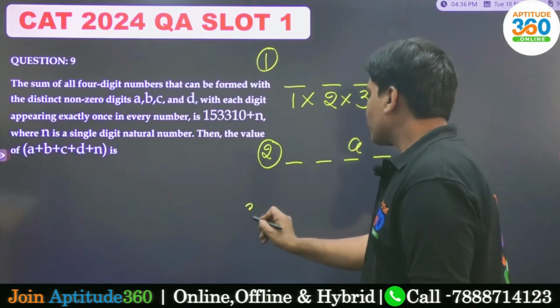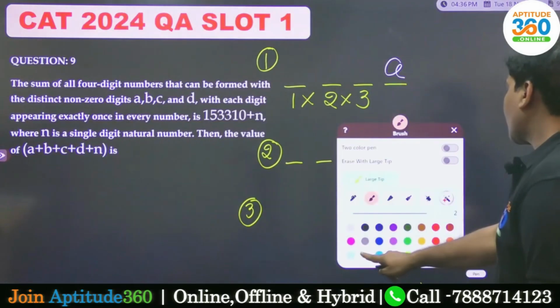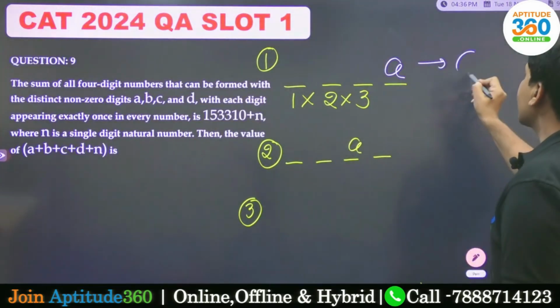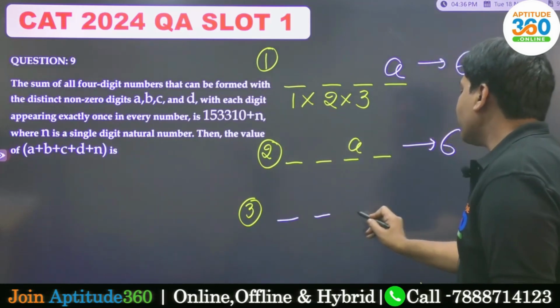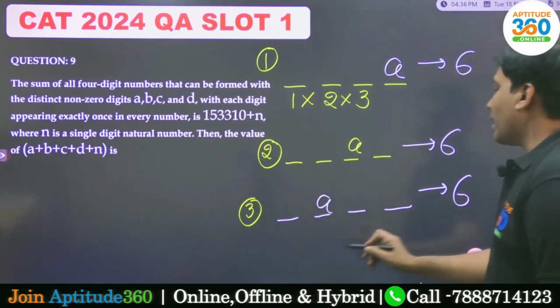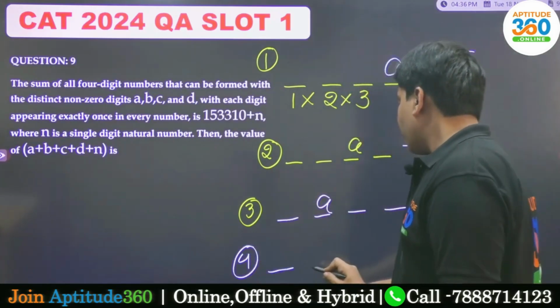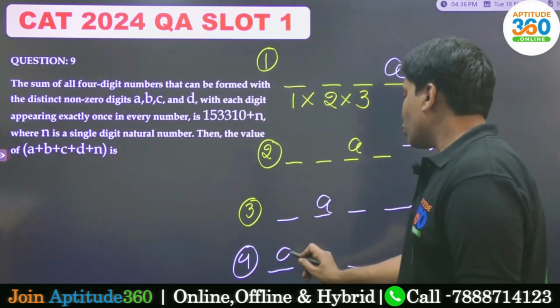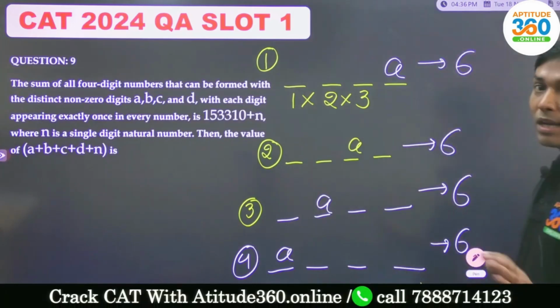Similarly, in total there are 6 ways. Over here also you have got 6 ways. What if A is placed at hundreds place? Again you're going to be having 6 such possibilities, and if A is at thousands place, again you're going to be having 6 such possibilities. Do we have the clarity?